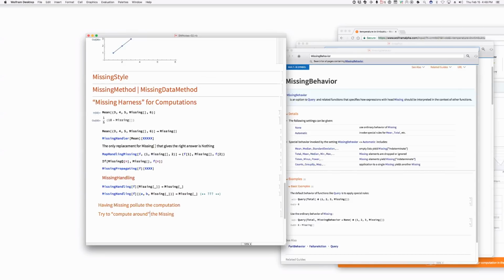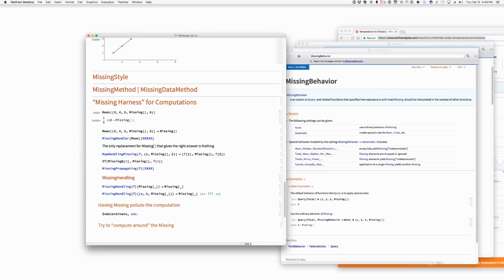Is that right? I think so. This is reminiscent of, in numerics, the NaN construct, which would typically pollute things. I mean, indeterminate pollutes things. Right, I was just going to point that one out.